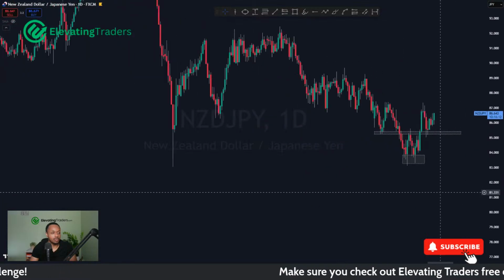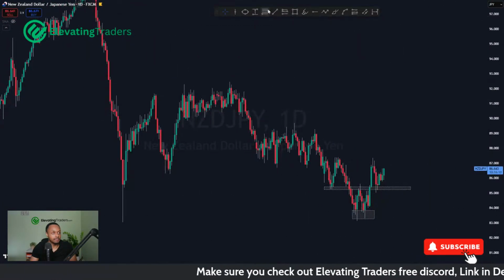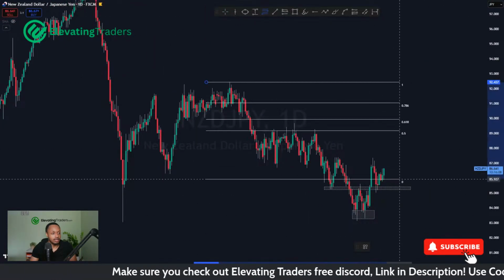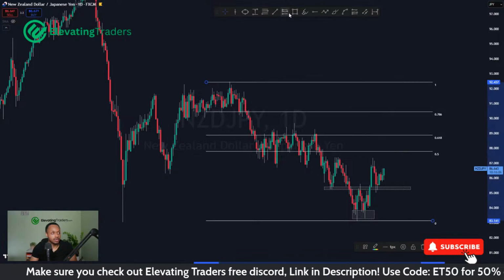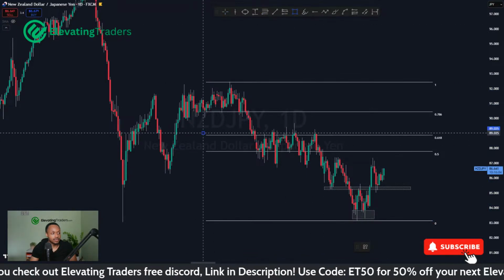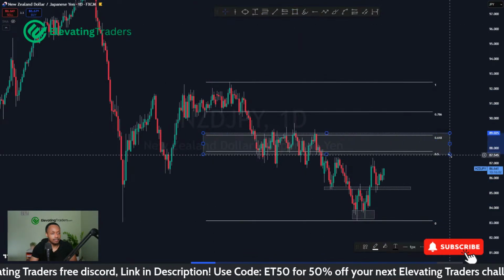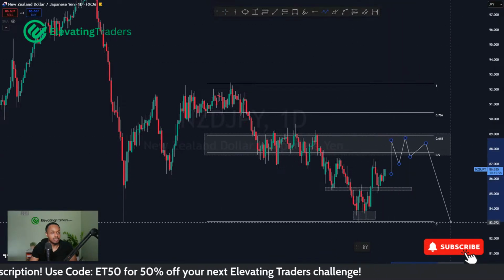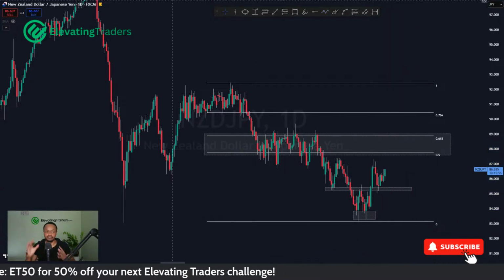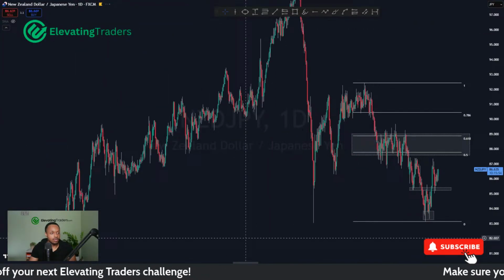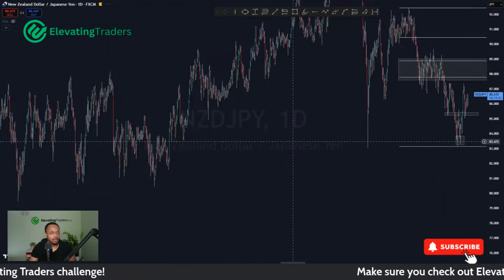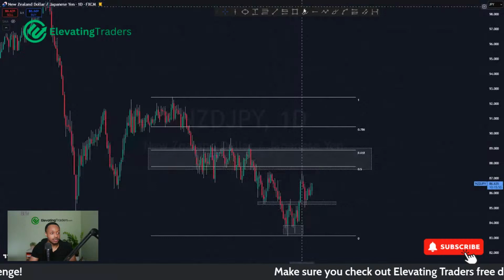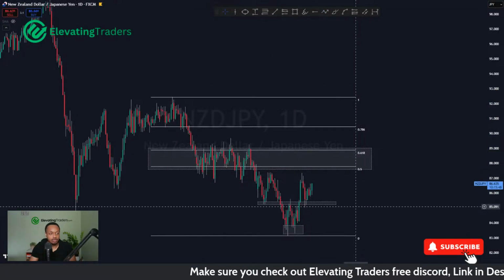But again, if I whip out the fib for this one, I do think there's a bit of upside to be had. I do feel like we can at least get back to areas like so, and that can give a nice little move before maybe some sells again. But it depends on how we move and how we get there, because it could even be a reversal for a really big move to the upside as well.